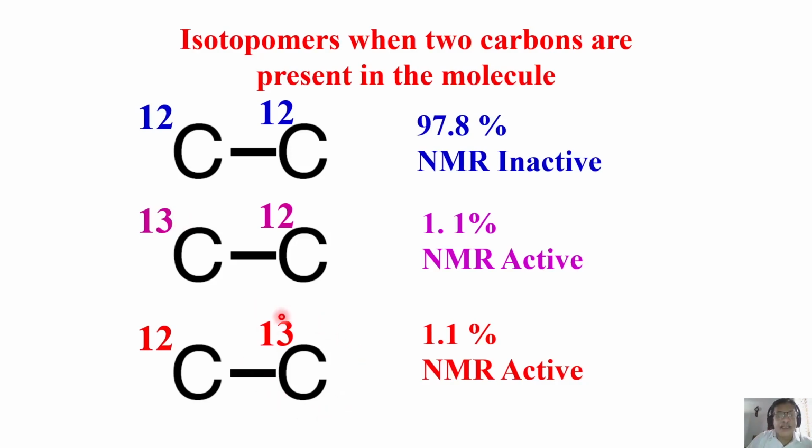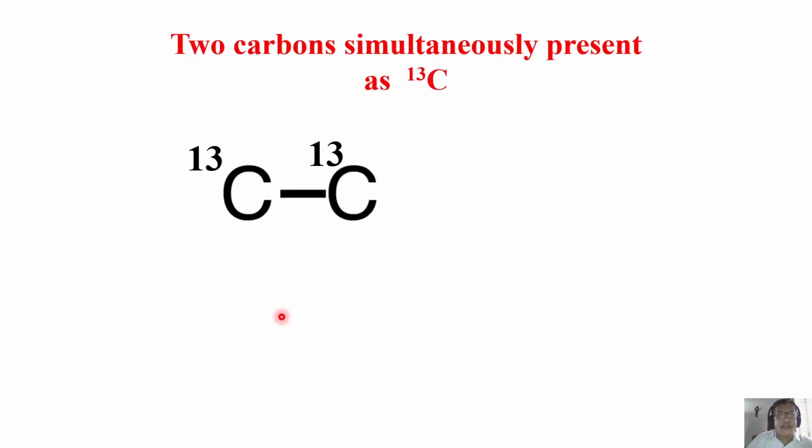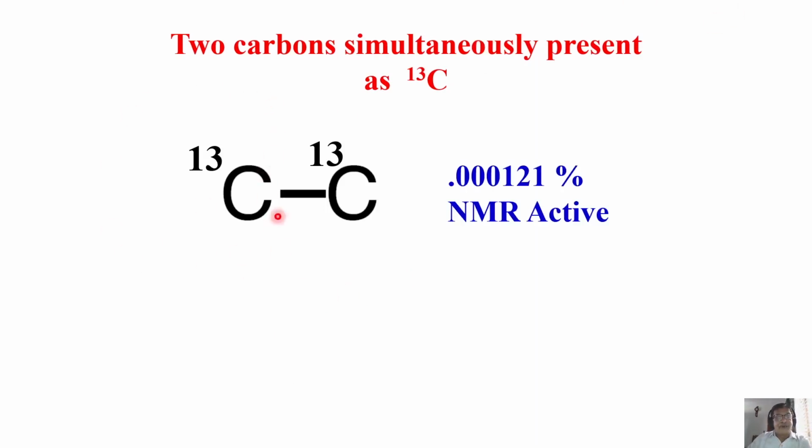You may ask me a question: what is the probability when both are carbon 13? Sure, both are NMR active. Now, what is the abundance of this? It is 1%, 1 in 100. And this is 1 in 100. Together, the joint probability is always a product. 1 over 100 into 1 over 100 is 1 over 10,000, so this is 0.01%.